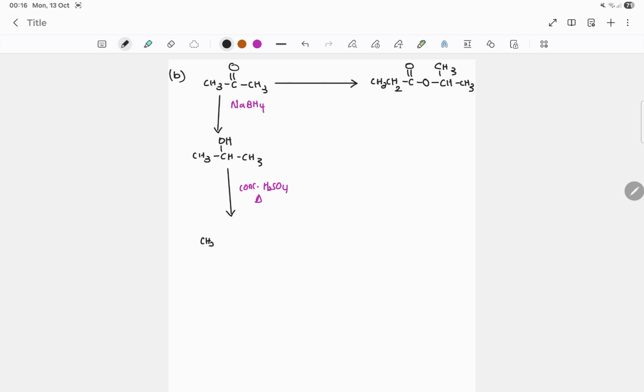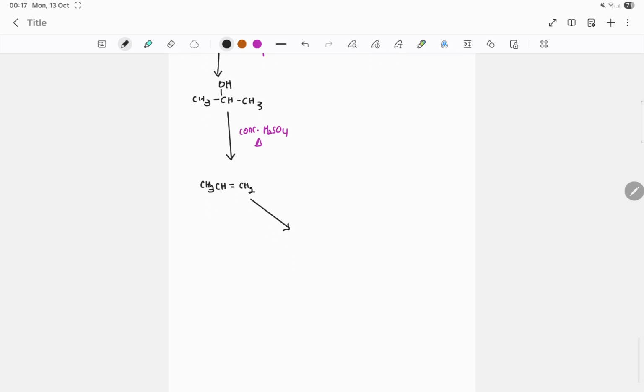So we will get CH3CH=CH2. Then we will add, among the compounds given, we can add HBr, with a peroxide group.